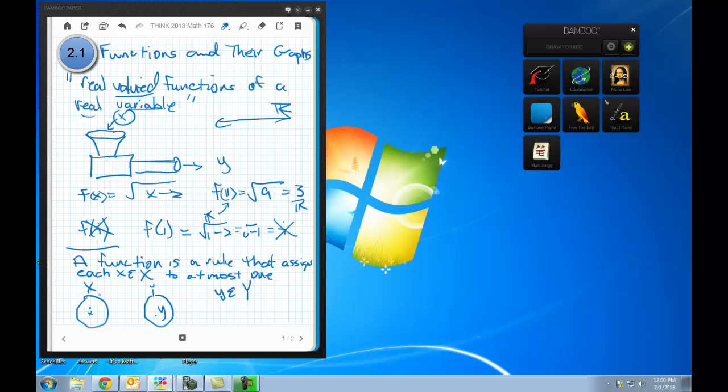And what f does, f assigns values from X into Y, which in this case, at its absolute simplest, watch this. Ooh, I can change colors, pretty.